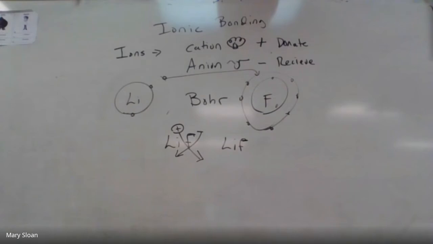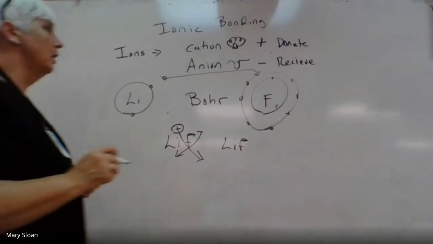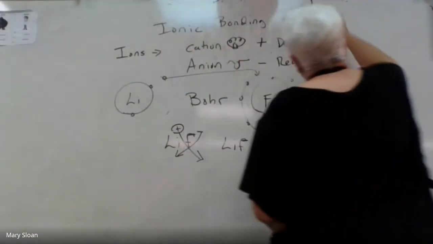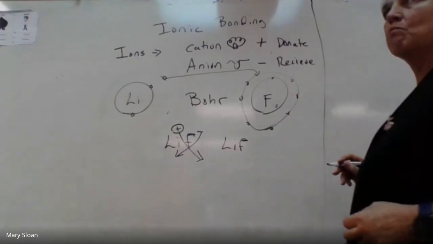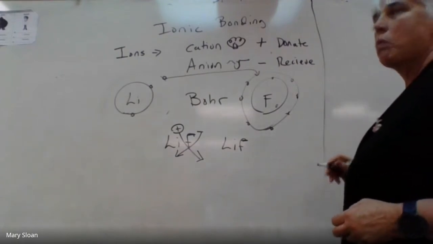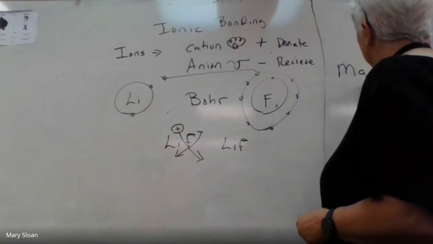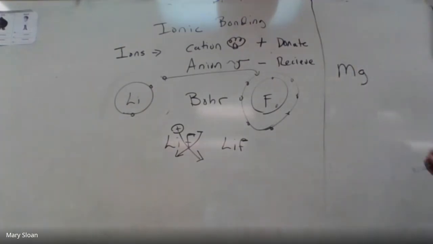Let's do one a little bit more complicated. Let's do the Bohr method, and I would like you to do Mg and S. So the first thing I want you to do in your ISM book is draw me the Bohr method for both of those, show how it donates and receives, and then do the crisscross for me.